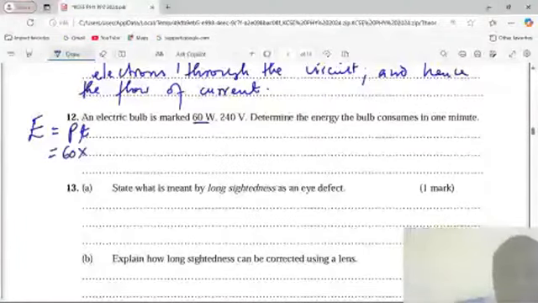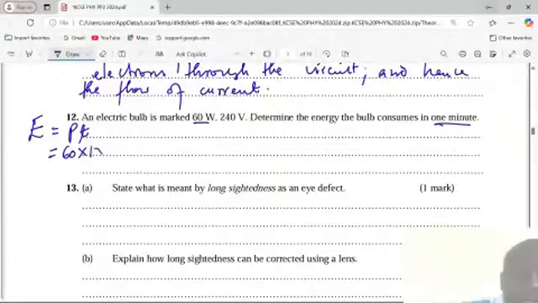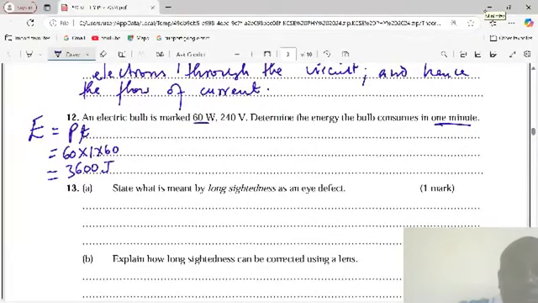So 60 multiplied by 1 minute, which is equivalent to 1 times 60 to make them SI units, gives 3600 joules.